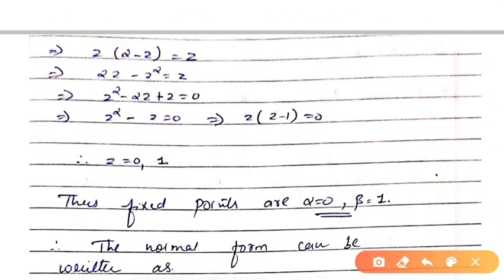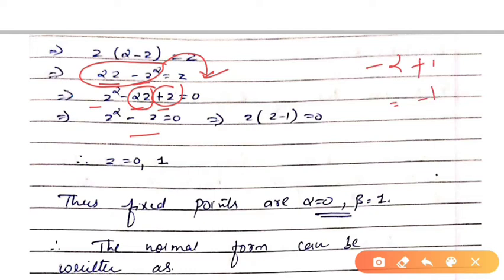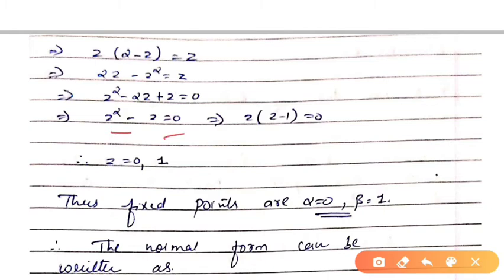Now next I will multiply this z with the bracket, so I get 2z minus z square equal to z. I will take this all to the other side, so I get z square minus 2z plus z equal to 0. Now minus 2z plus z is equal to minus z. We know minus 2 plus 1 equal to minus 1, right? So you get here z square minus z equal to 0.